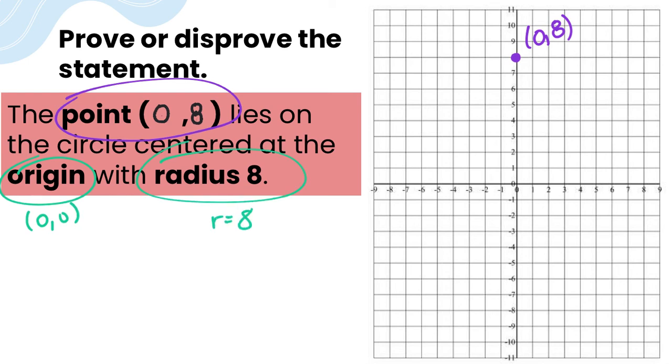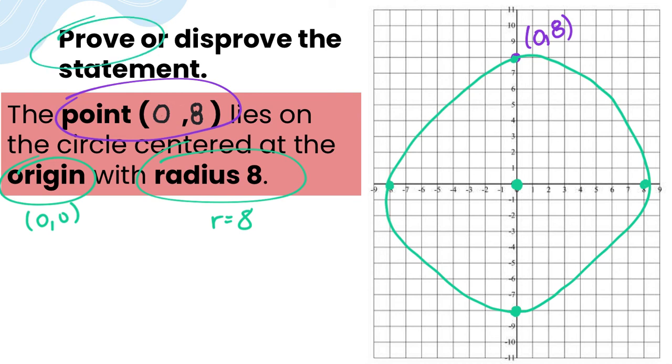And we want to see, does the point lie on the graph? So in order to accomplish that, we will graph our center at 0, 0. And then my radius is 8. So I'll go out 8 from all directions and connect the dots. And we see that our circle does go through 0, 8. So we have proven that this is a true statement and that my circle does go through 0, 8.